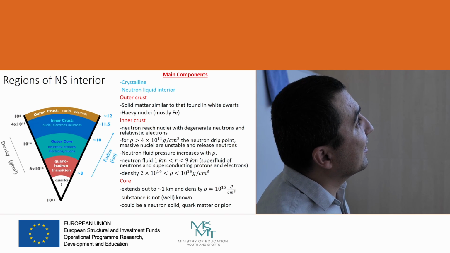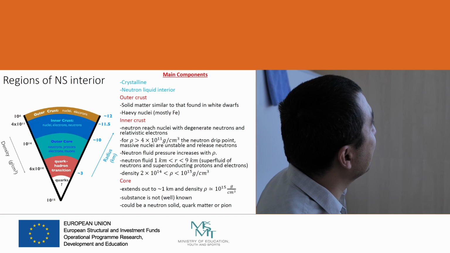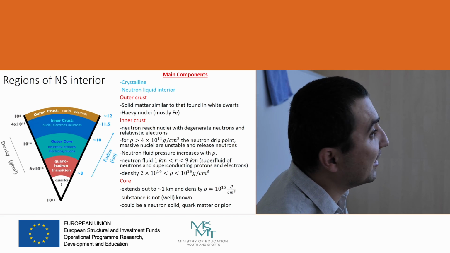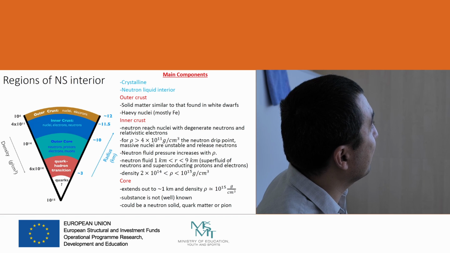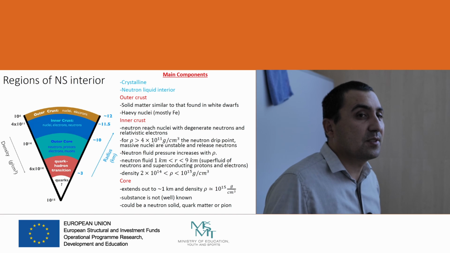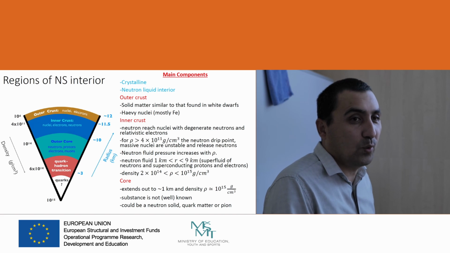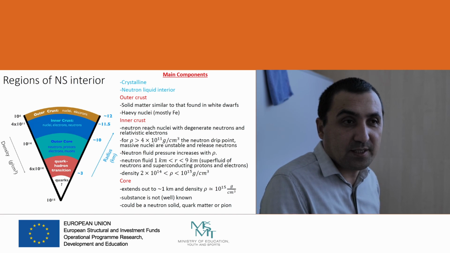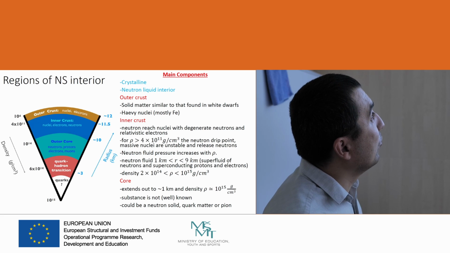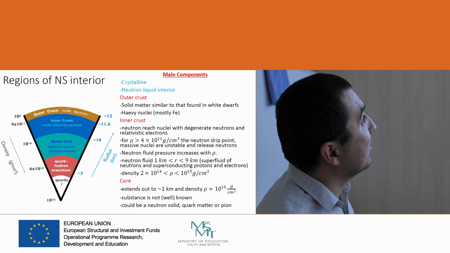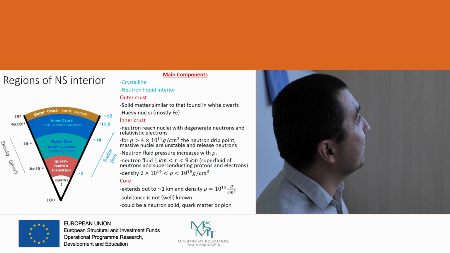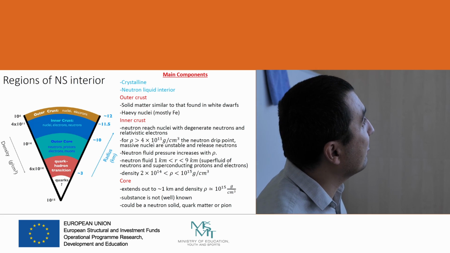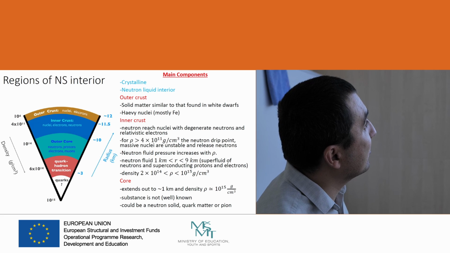But some models say that the core of the neutron star is still unclear, but the crust actually consists of nuclei, mostly the iron-26 isotope, and electrons. In the outer crust there is an iron layer and electrons, and the inner crust should be some nuclei, electrons, and neutrons.